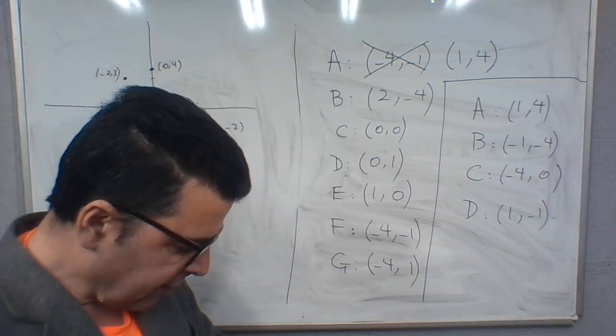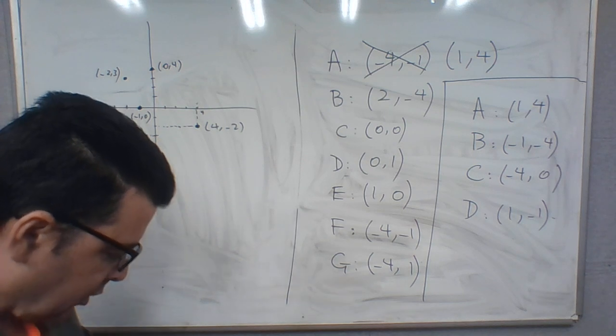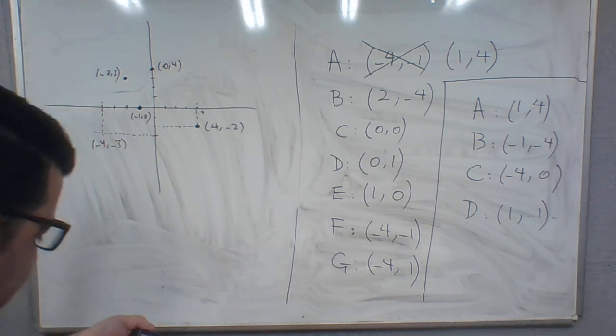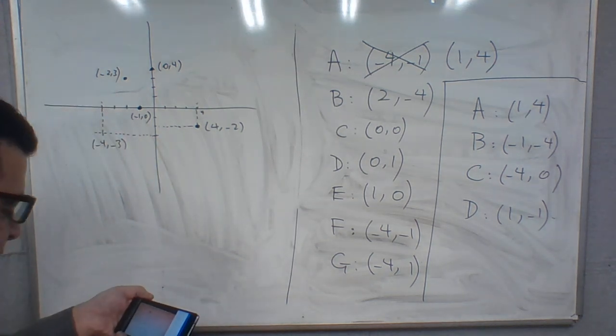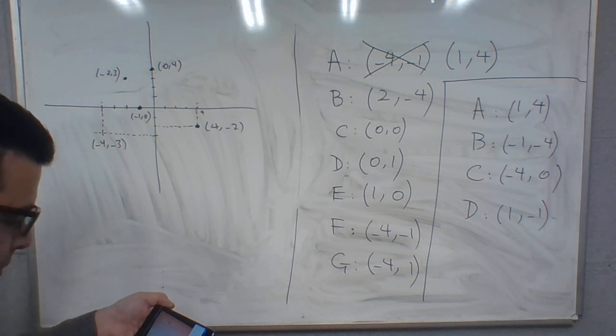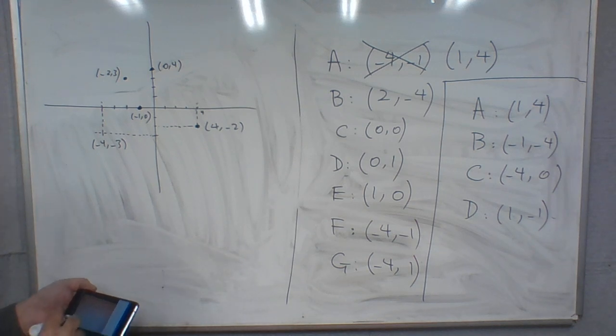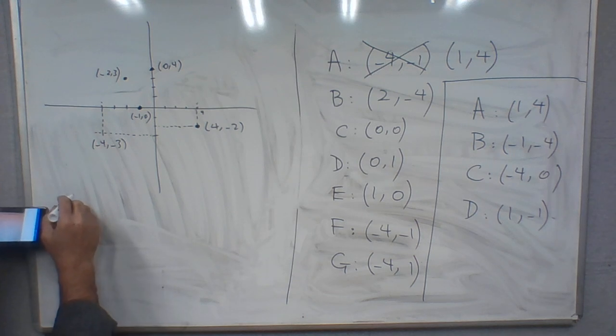Part 1. Evaluate the following linear equation for the given values. Okay, so we have the equation y equals negative 4x minus 3. And x can get different numbers, like negative 5, negative 1, 2, and 4.